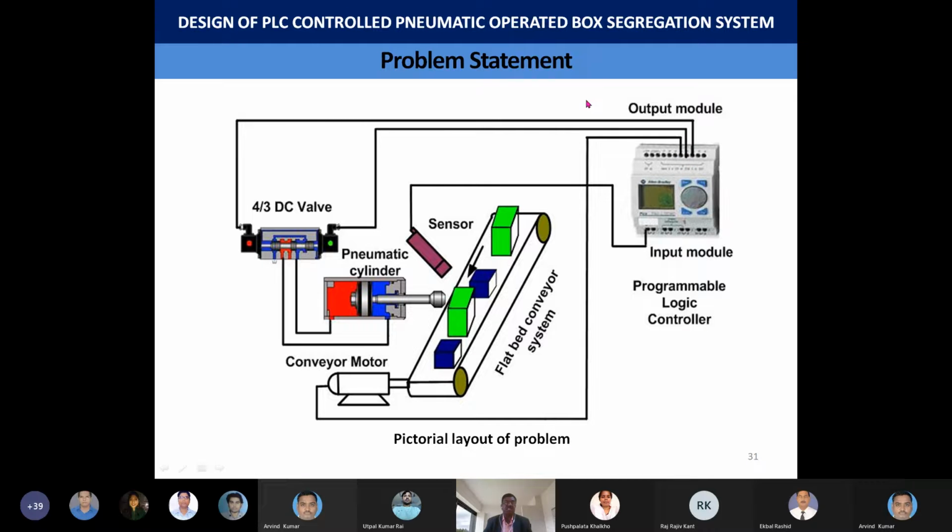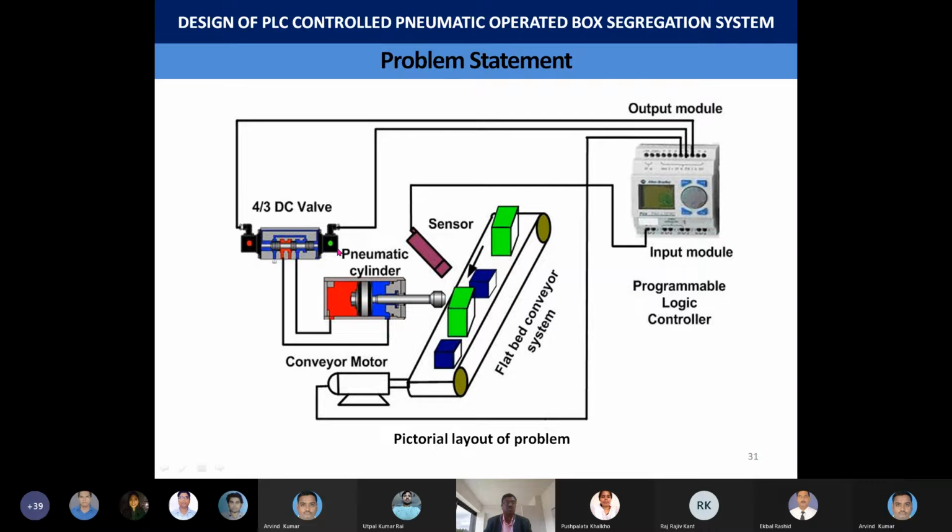Accordingly, it generates an output to activate the electrical current supply to a 4/3 direction control valve. This direction control valve controls the supply of pressurized air to either the blank end of the cylinder or the rod end of the cylinder, and thereby the actuator moves forward or backward.